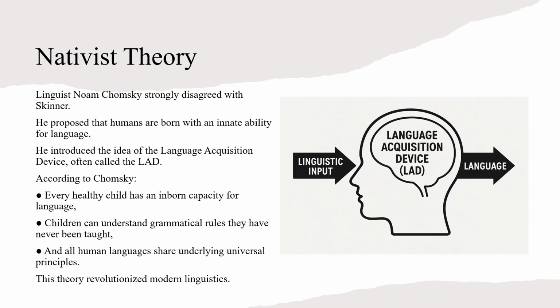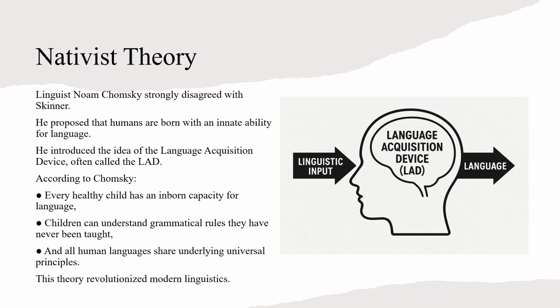The next theory, which was in contrast with the behaviorist theory, was the nativist theory proposed by the famous linguist Noam Chomsky. He proposed that humans are born with an innate ability for language. He introduced the idea of the language acquisition device, or LAD.